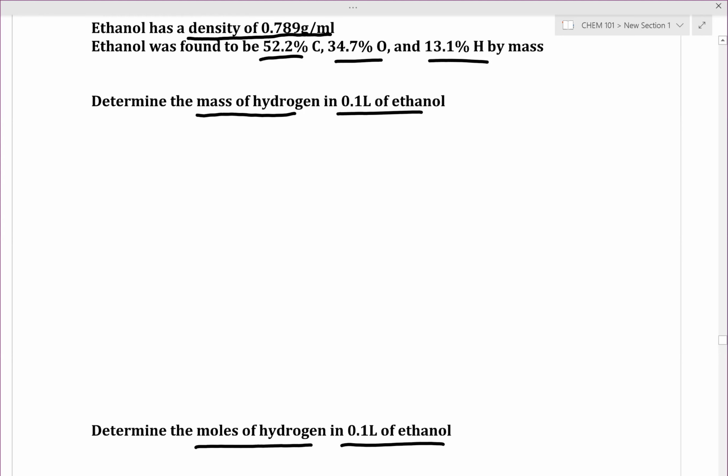Yep. You're correct. You have the mass. Now, you know the mass percent of hydrogen. You go from the mass of ethanol to the mass of hydrogen.